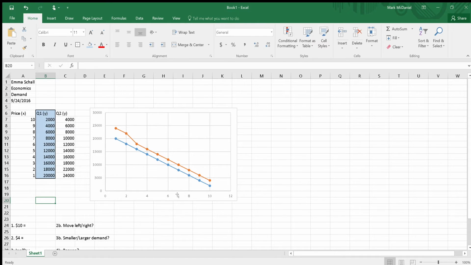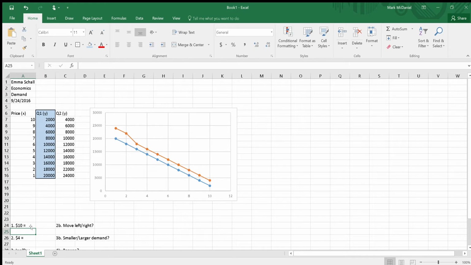Your notes had graphed it in the opposite way, but technically here the quantity demanded is a function of the price, therefore it would be on the y-axis. So that's the blue line.